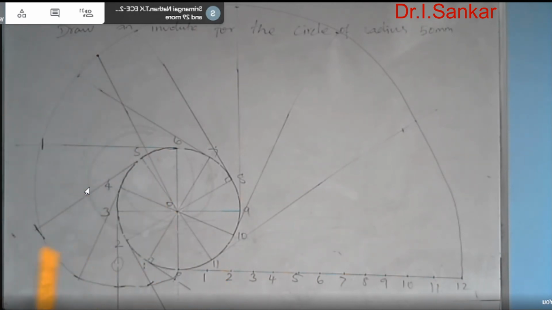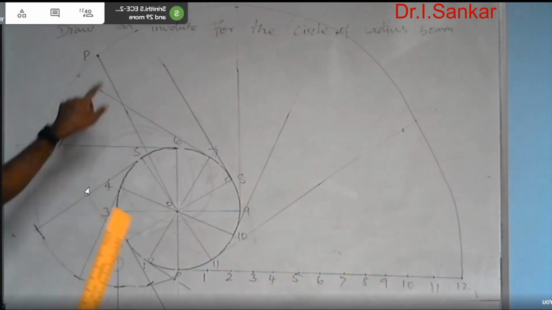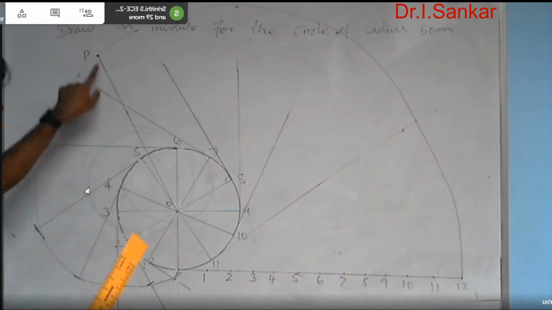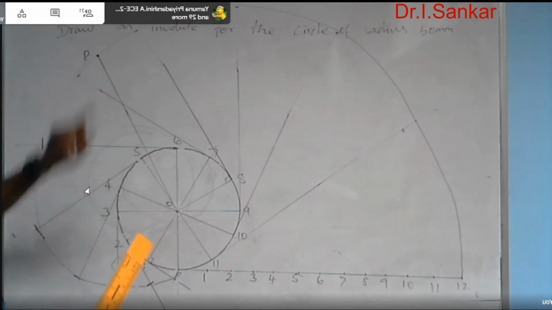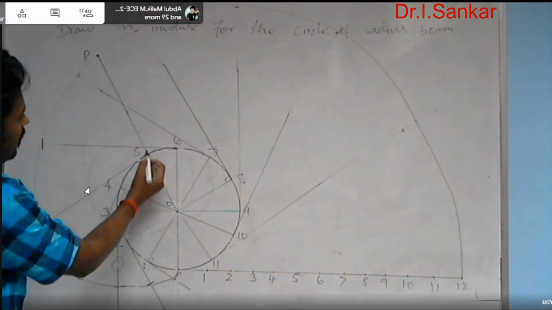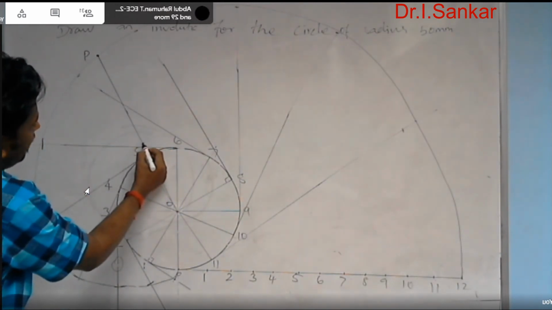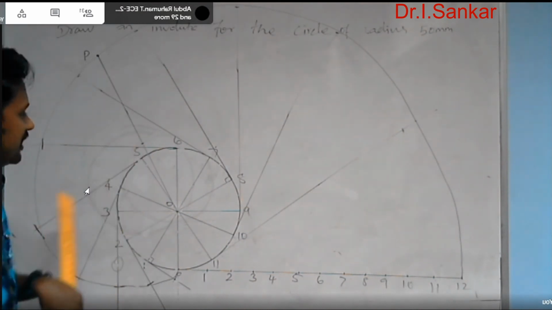The line which is connecting the point P, for which we are going to draw the tangent and normal, and the center O. So measure the length PO and mark the midpoint. If it is 60 mm, at the span of 30 mm, we can mark the center.